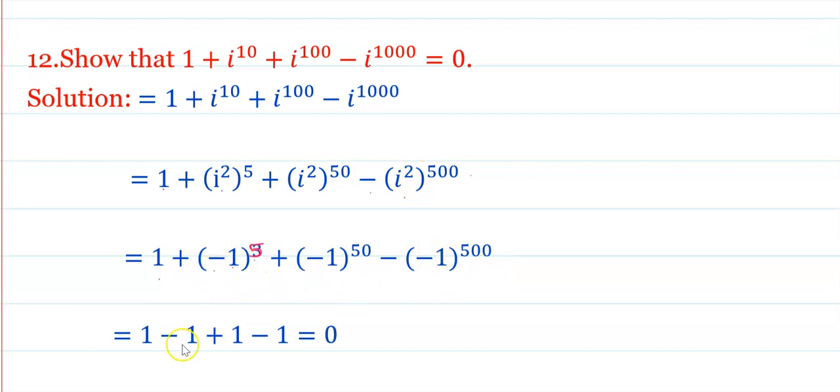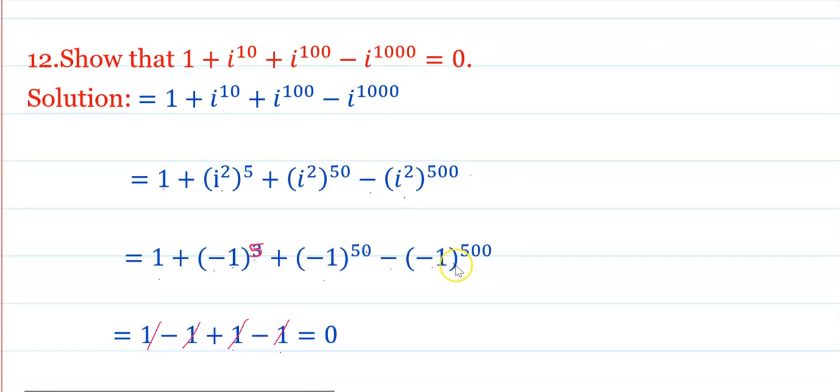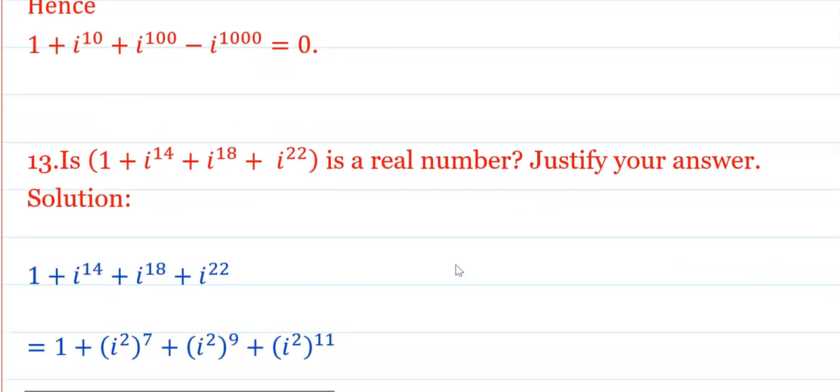Minus 1 raised to 5 means minus 1. Minus 1 raised to 50 means plus 1. Minus 1 raised to 500 is plus 1 and here is a minus sign, overall you are getting minus 1. Now here plus 1 minus 1 gets cancelled, plus 1 minus 1 gets cancelled, and hence its value is 0. You can see. Easy question. Okay. Next.